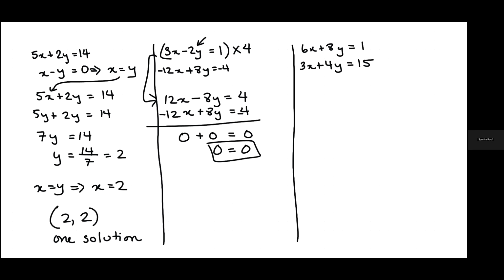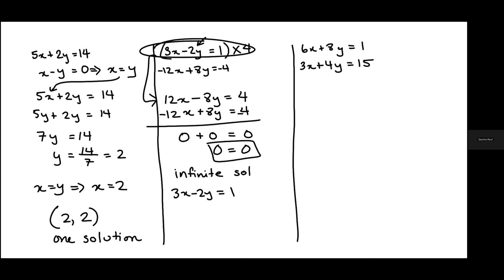So x depends on y. If we want to write this, it's going to give us infinite solutions. And usually the way we write this is we take one of the equations from our original. So let's take this equation, which was 3x minus 2y equals 1, and try to isolate the x.